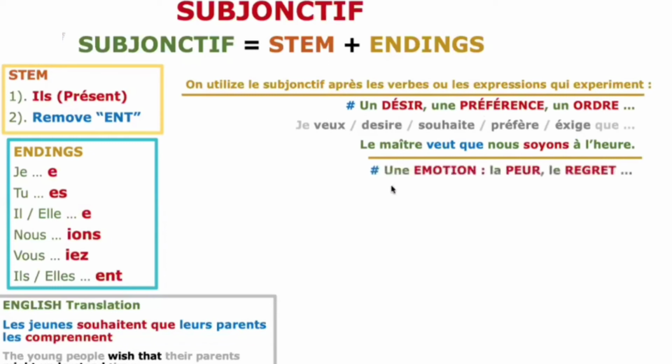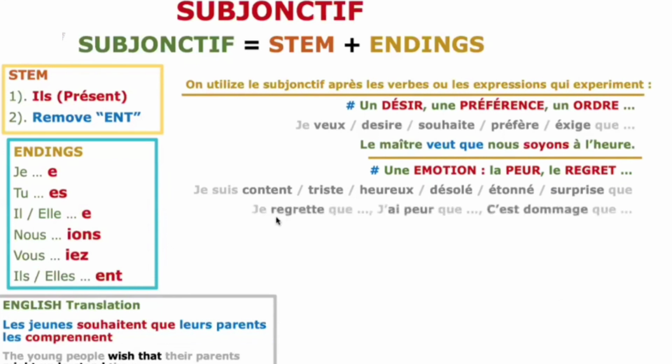If an expression talks about emotion, fear, or regret, like je suis content que, I am content that; je suis triste que, I am sad that; je suis heureux que, I am happy that; je suis désolé que, I am sorry that; je suis étonné que, I am surprised that; je suis surpris que, I am surprised that. After these expressions, if you find a verb, that verb should be in subjunctive.